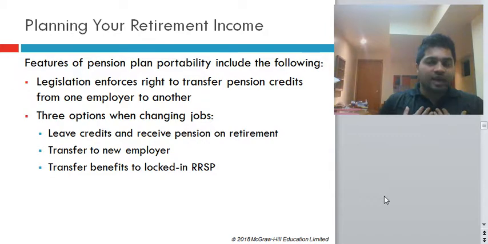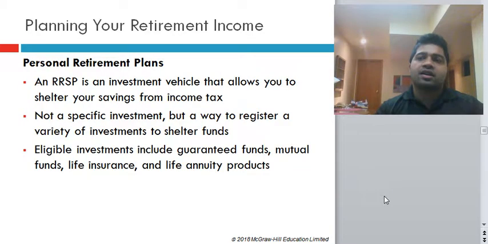So when I leave my employment, I can either leave my pension with the university, and it pays me pension when I retire at my retirement age, or I can transfer it to the new employer, or third, I can put it in a locked-in RRSP.